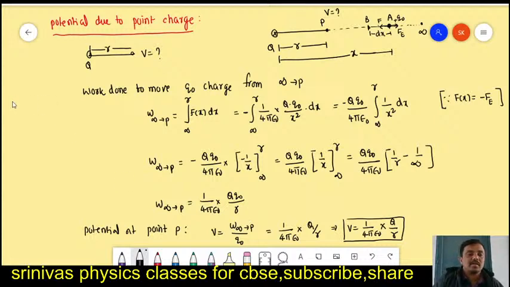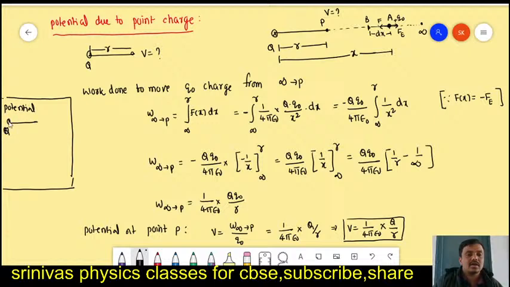Okay, if you compare this one with the other one, for example, I will write here. You see here, potential due to a point charge. This is a capital Q charge.